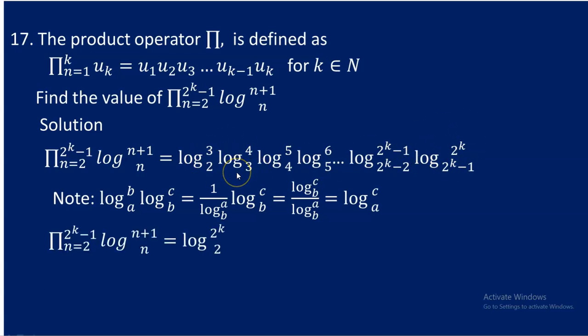That is to say, this expression is the same as logarithm of 2 to the power of k to the base 2. So using the logarithm property, this k can come in front, and then k times logarithm of 2 to the base 2 can come. And we know that logarithm of 2 to the base 2 is 1, so the value of this is 1 times k, which actually is k. Thus, this expression is the same as k.